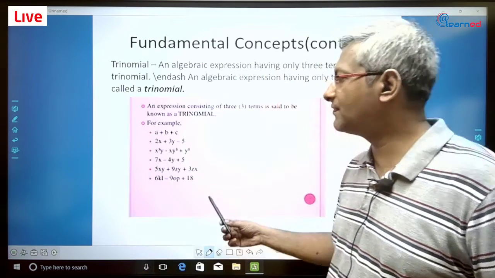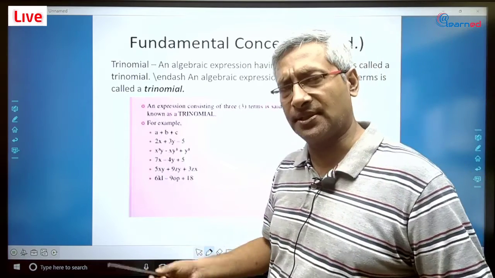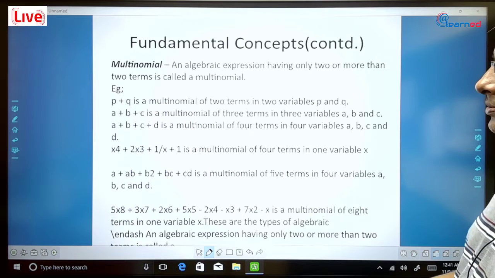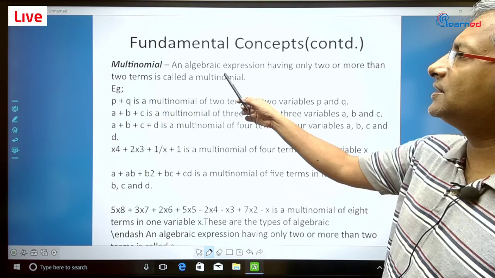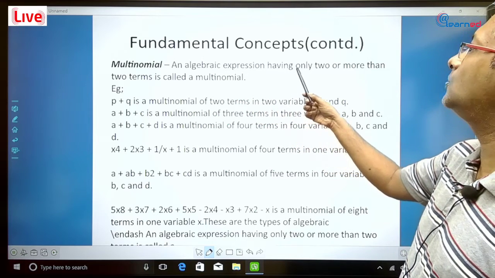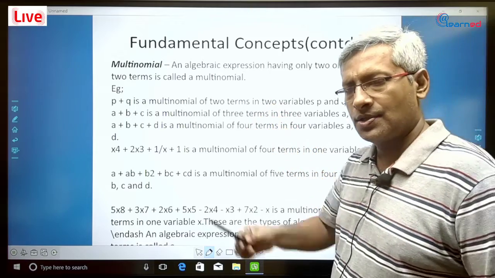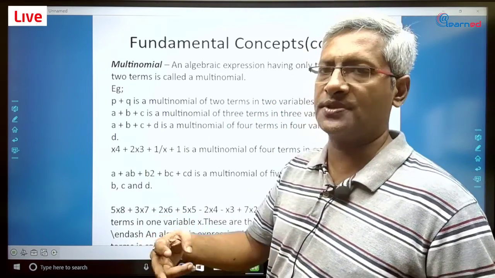We can have more than this, and that will be called a multinomial. What is a multinomial? An expression with two or more terms is called a multinomial. So a binomial is actually a multinomial because it has two terms.